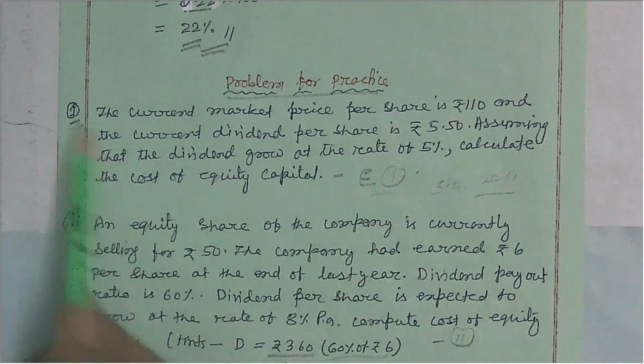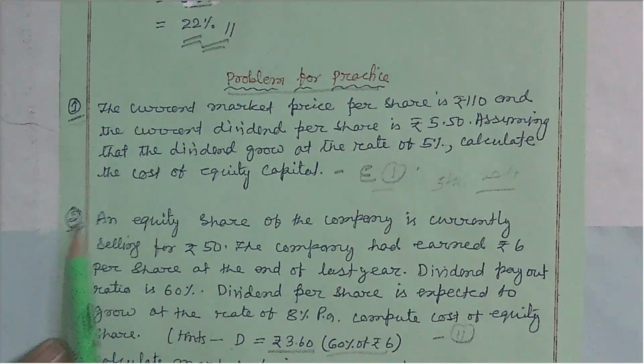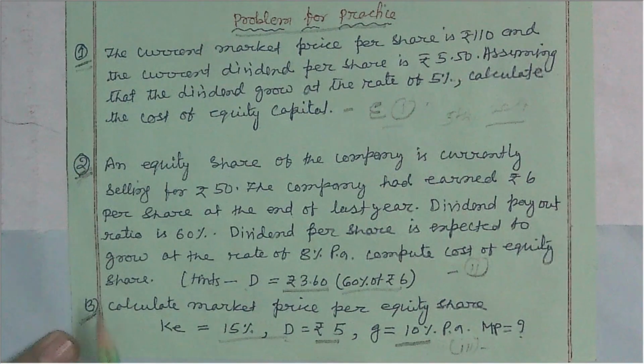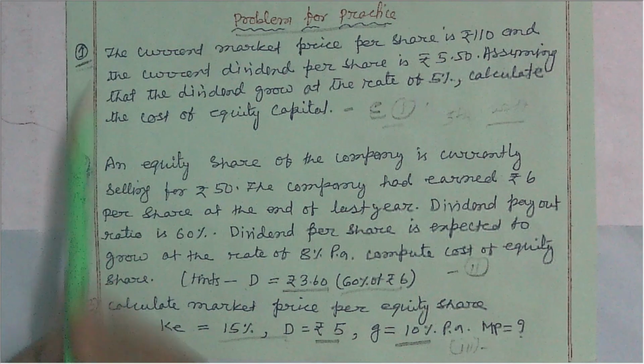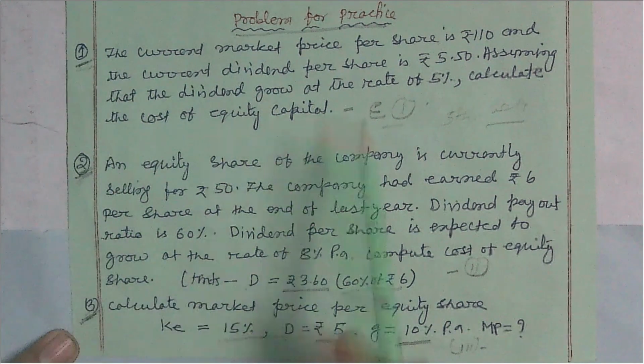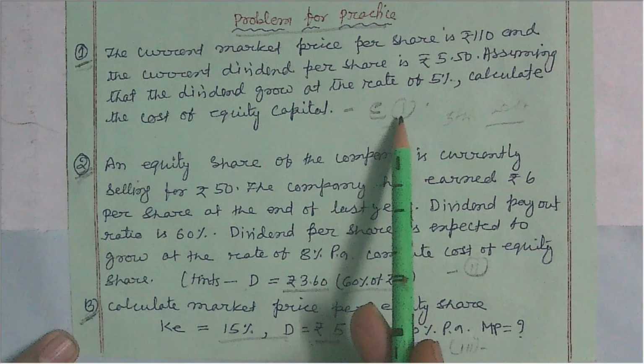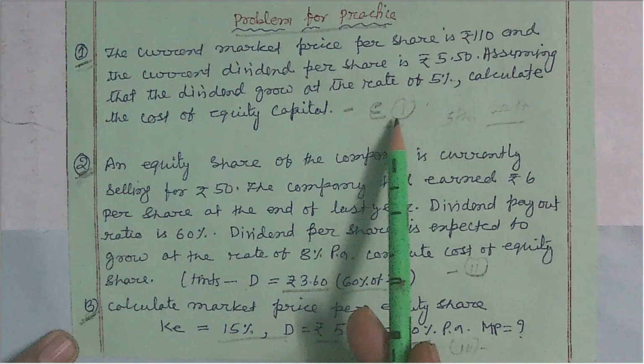Now here I am giving you 3 problems for your practice: problem number 1, problem number 2, and problem number 3. These 3 problems you must practice. In problem number 1, use equation number 1, which is explained in the fifth preceding class, that is the fifth lecture.